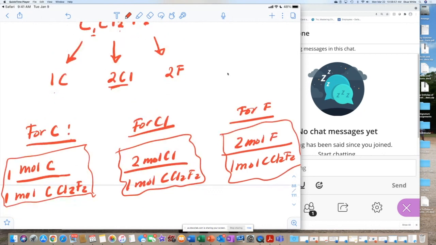For carbon, 1 amount of carbon for every 1 amount of the formula. So the amounts here are mole, then mole, and mole. If the amounts are something else, it could be molecules, right? For chlorine, you need twice the amount of chlorine for every 1 formula of the compound. For fluorine, twice the amount for every 1 formula of the compound.